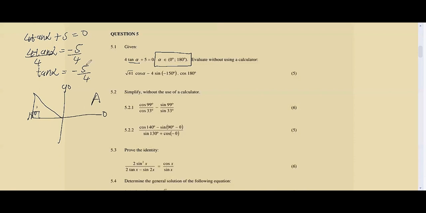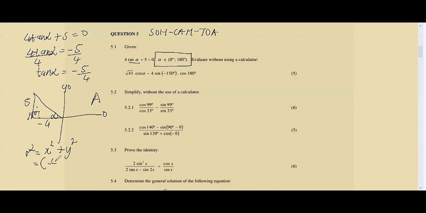So this is opposite over adjacent according to SOHCAHTOA. If we have our alpha here, our opposite side is positive 5 and our adjacent side is negative 4, based on our Cartesian plane. Now to calculate the value for r, we have x squared plus y squared, since we are calculating the hypotenuse.